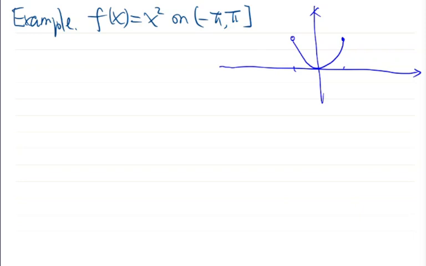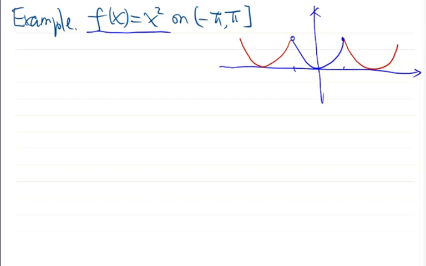But f is a periodic function, so it extends to the whole real axis. So this is f. The blue part is the expression given by this. Okay, f is such a function.